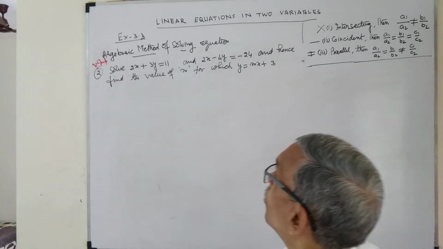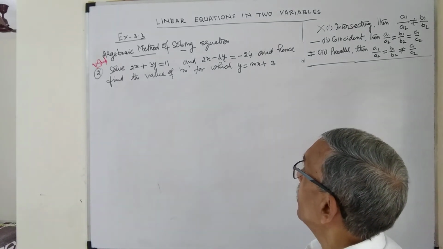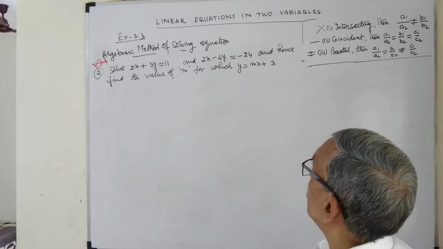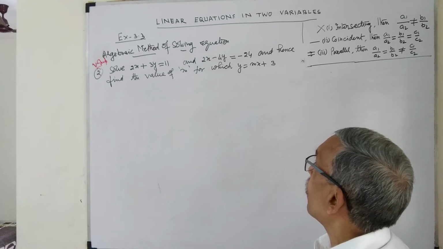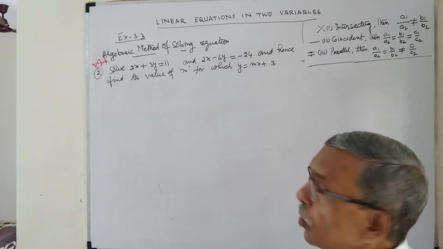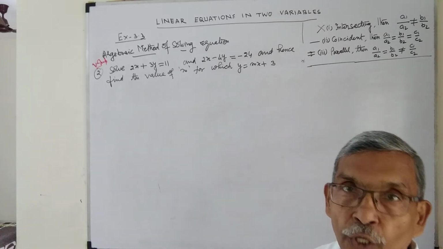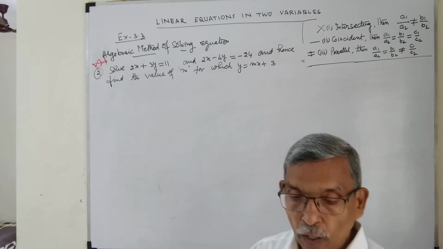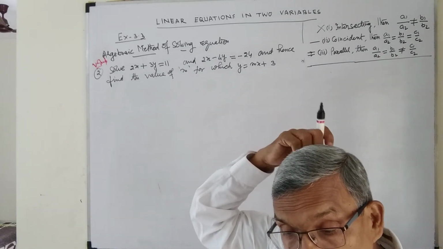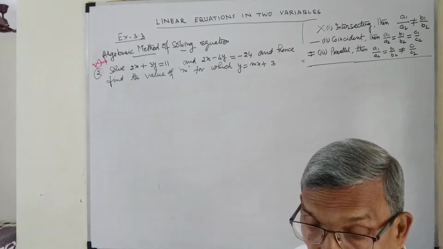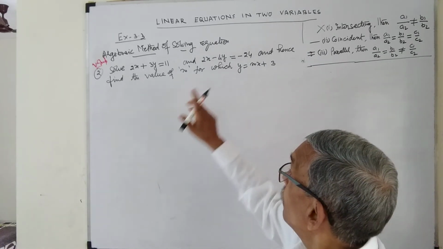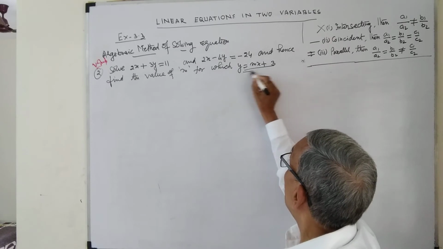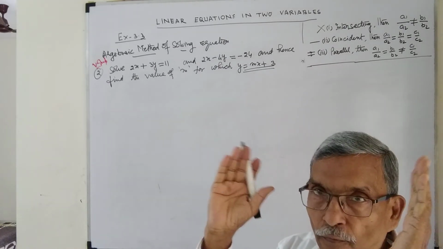Solve 2x plus 3y is equal to 11 and 2x minus 4y is equal to minus 24, and hence find the value of m for which y is equal to mx plus 3. So first of all we will solve the equations and then we have to find the value of this m. So let us solve first.